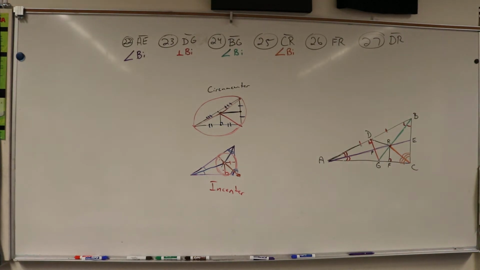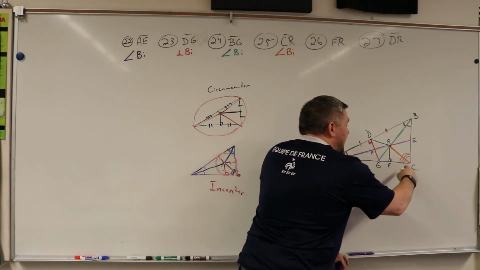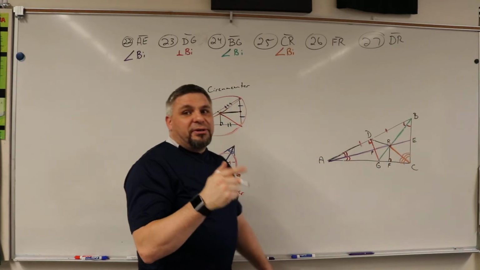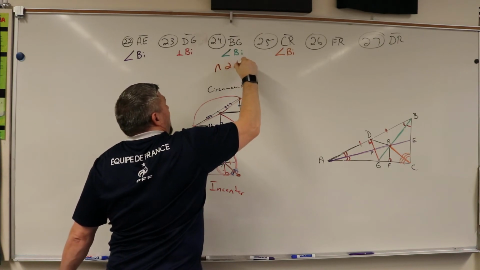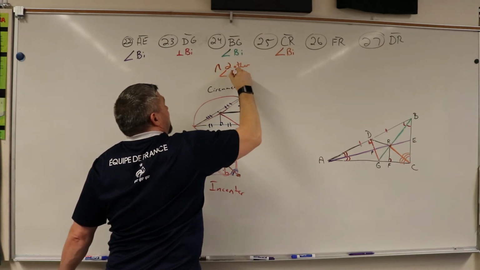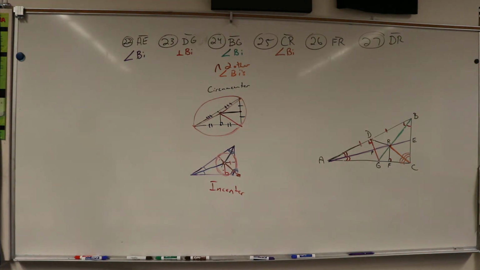So that's why it's an angle bisector. So you can explain it by saying it intersects with two other angle bisectors. Because it intersects with two other angle bisectors, it's an angle bisector.